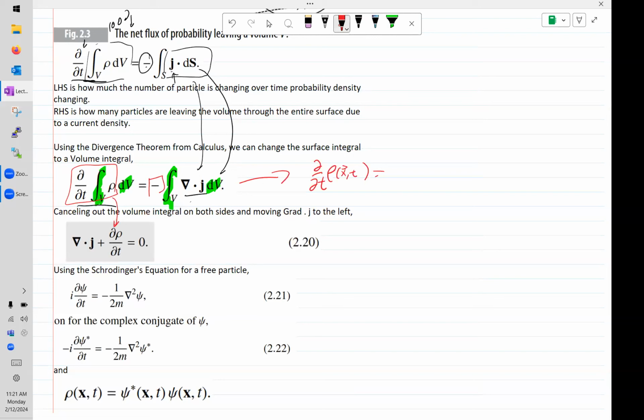And then the right-hand side is just negative this gradient of the current, which is a vector also. But it's a dot product, so it turns it into a scalar. And then if you move this to the left-hand side, that means that grad J plus the change in density, partial rho by partial t, has to add up to 0.